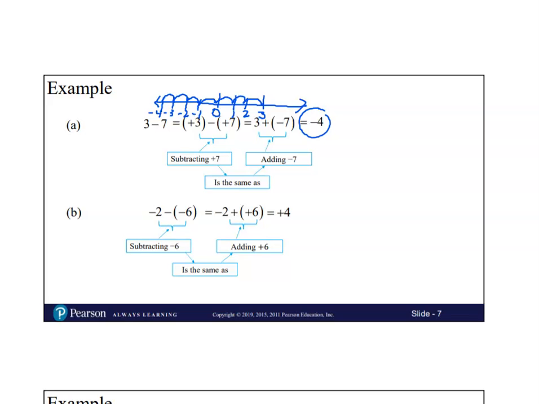-2 minus a -6: remember that when you see the negative sign, you're saying the opposite of -6, which is really +6. So if you're looking at a number line and you're starting at -2 and adding 6, then you would move to the right 6 spaces and come up with +4.